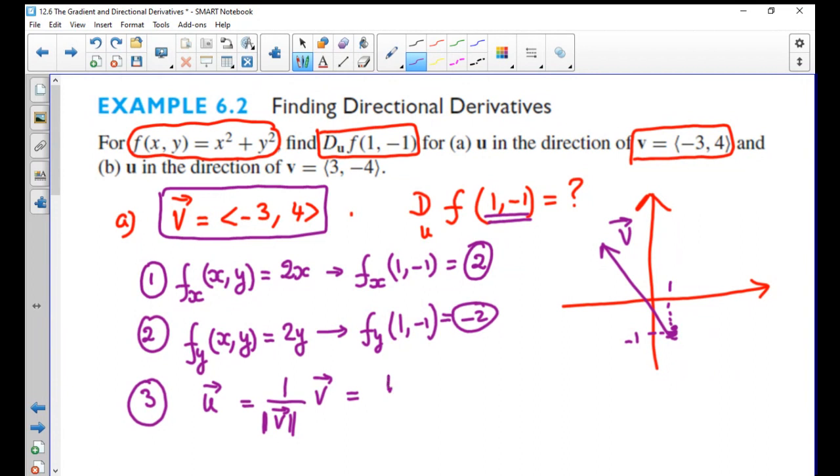So what is the magnitude of v here? 5. Great. So with v = (-3, 4), we will get the vector (-3/5, 4/5).